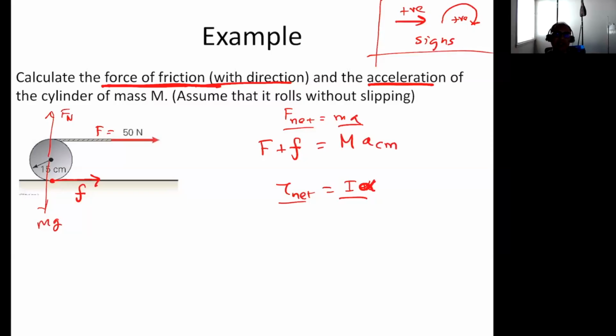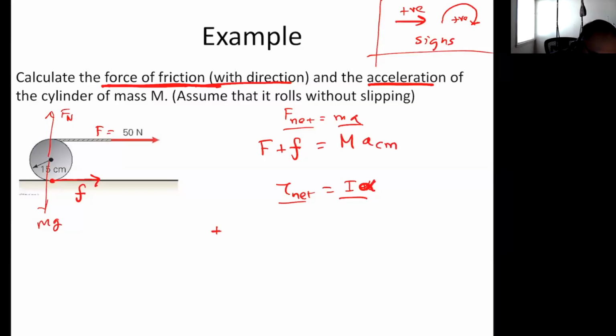Yes, capital F is trying to rotate the system in the clockwise direction. By itself, it's trying to rotate the system clockwise. Is everybody clear about that? Okay, very good. So the torque due to capital F is clockwise, so it will get a positive sign in my sign convention. Now let's write down the magnitude of the torque.